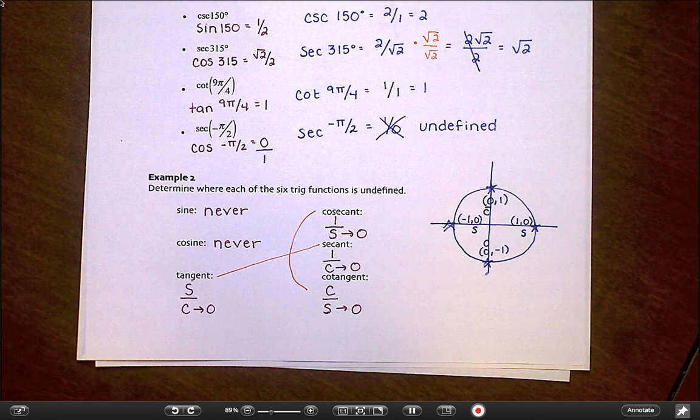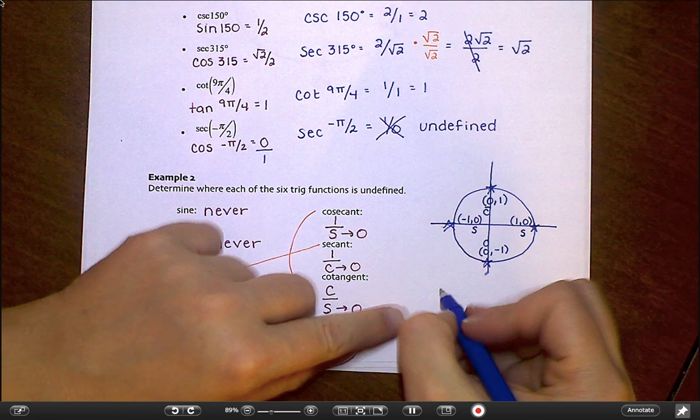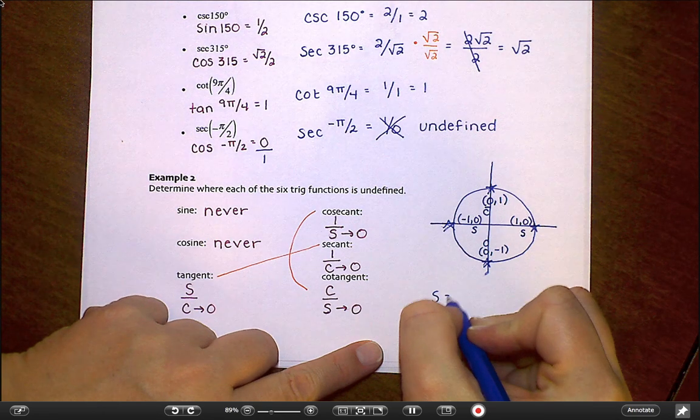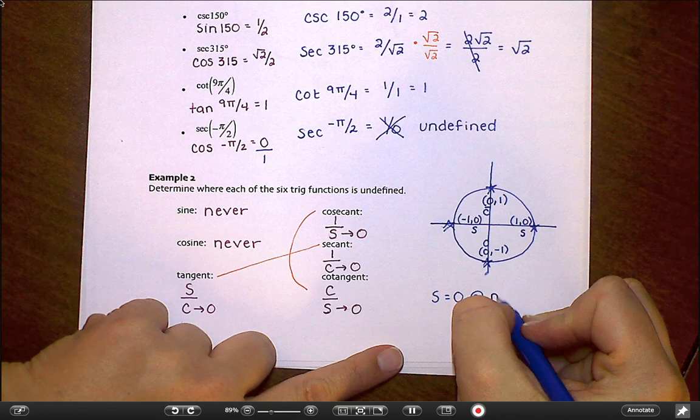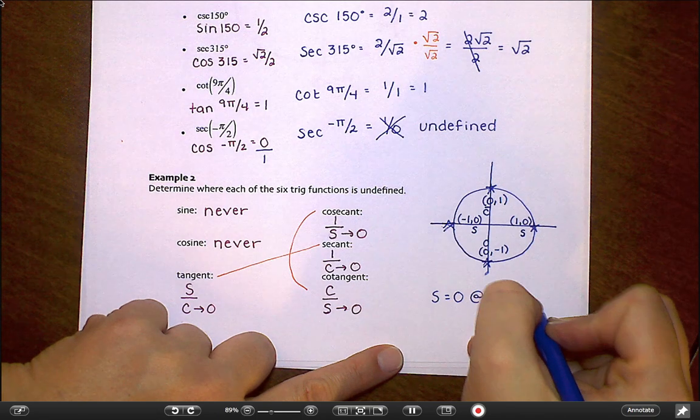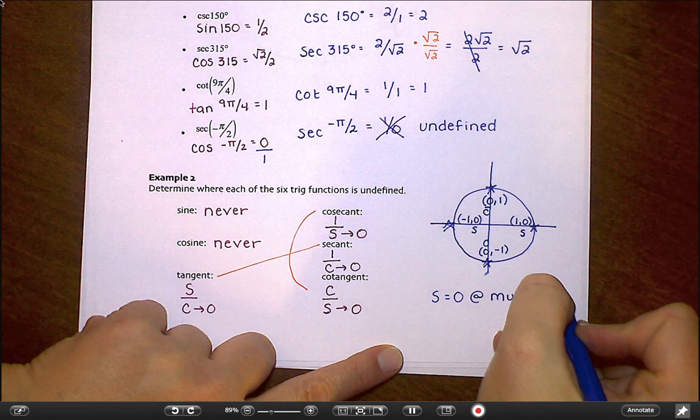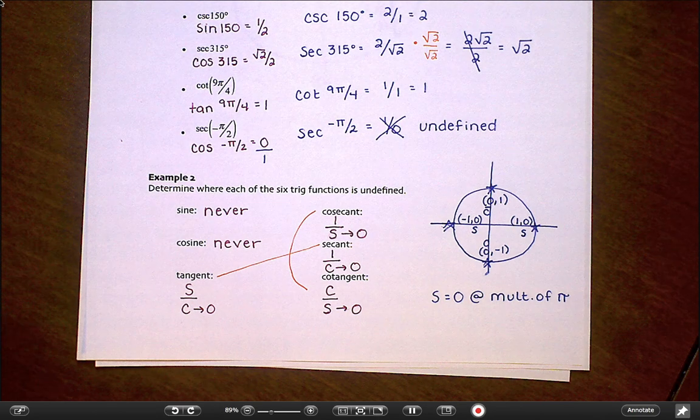I think you get the idea, okay? So sine is equal to 0 at, and this is how we're going to call this, multiples of pi. Okay, so sine is equal to 0 at multiples of pi. 1 pi, 2 pi, 3 pi, 4 pi, and so on. Okay, the cosine is a little more complicated.